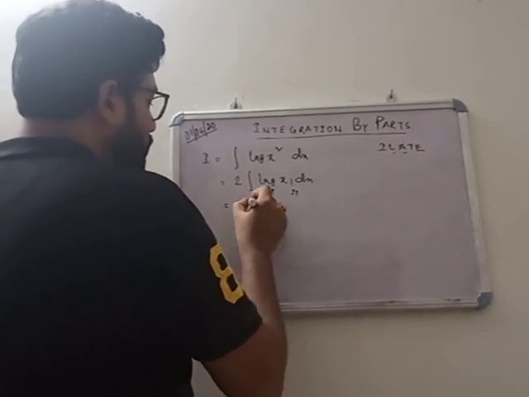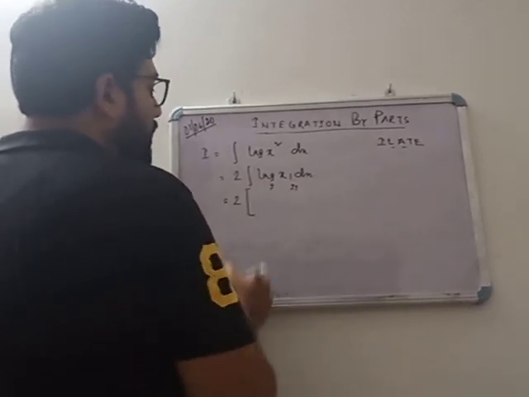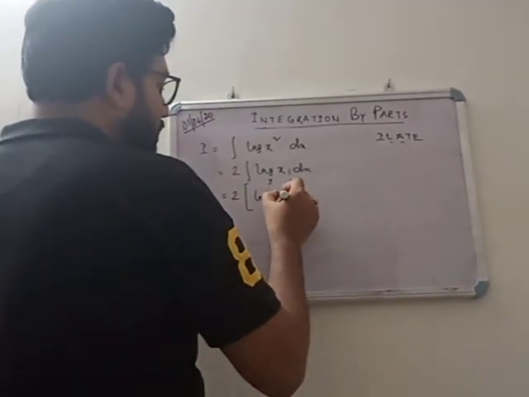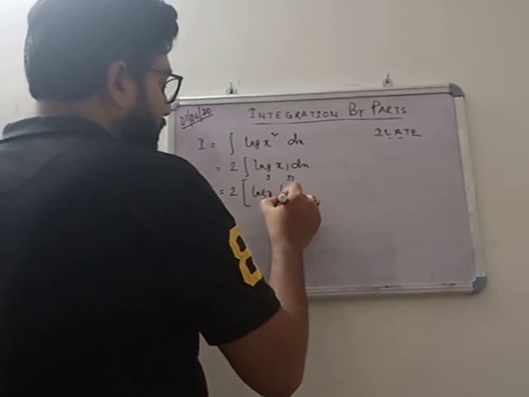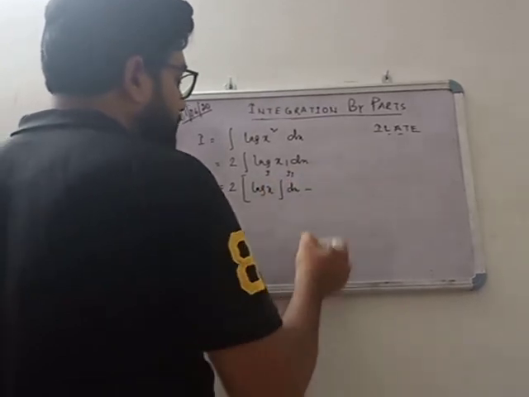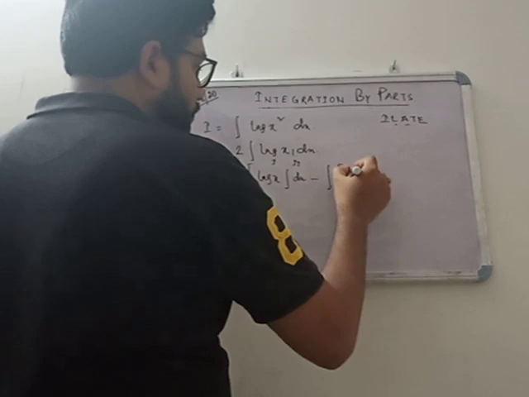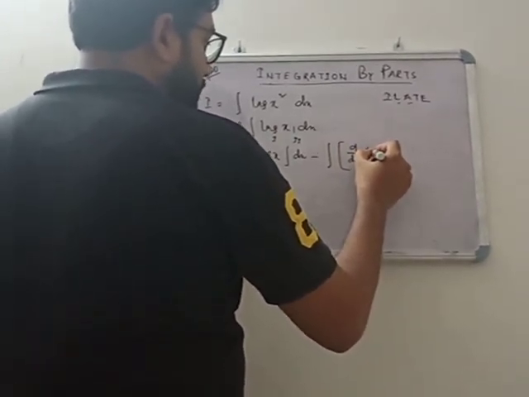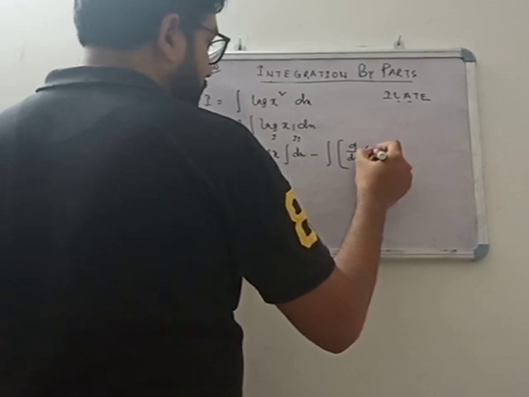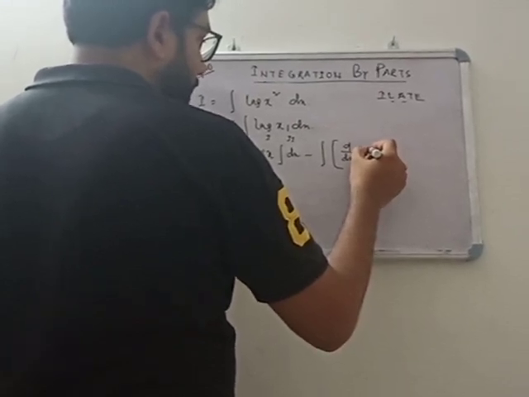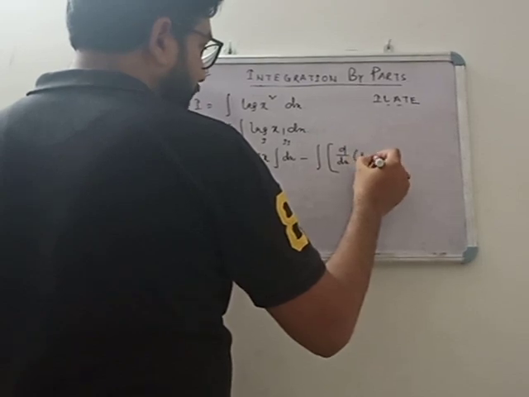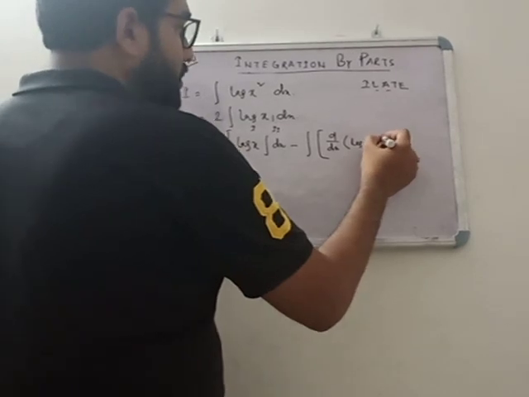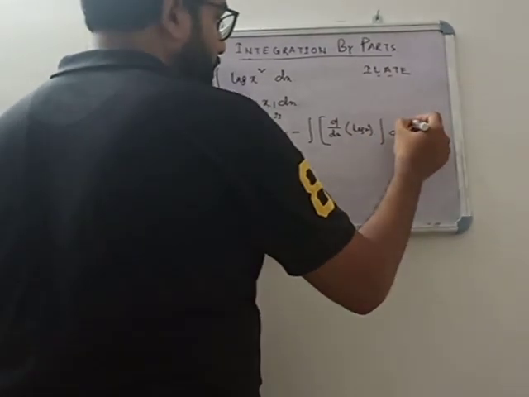So write 2, I am writing the bracket. So log of x integration dx minus integration of d/dx of log x into integration of 1 dx, dx.